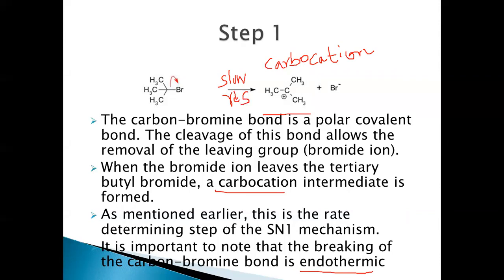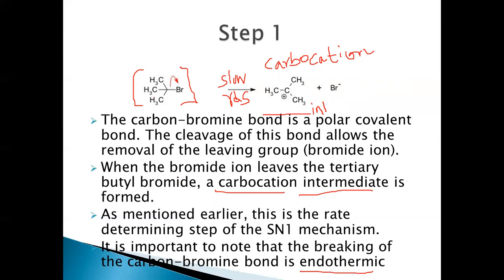So the rate depends on the slow step of the reaction. And from this step, we can know that the rate of the reaction is totally dependent upon the concentration of this alkyl halide and is independent of the concentration of the alkali or the attacking nucleophile. And the carbocation intermediate formed here can be isolated.